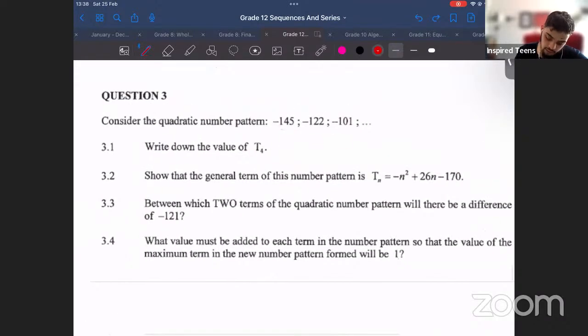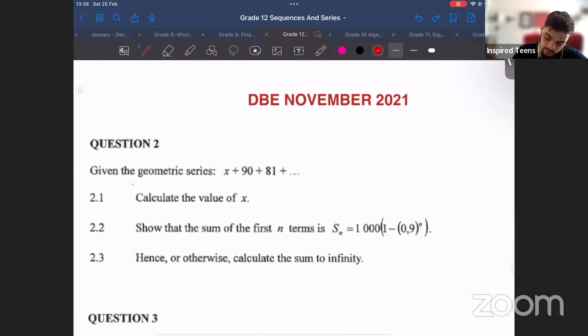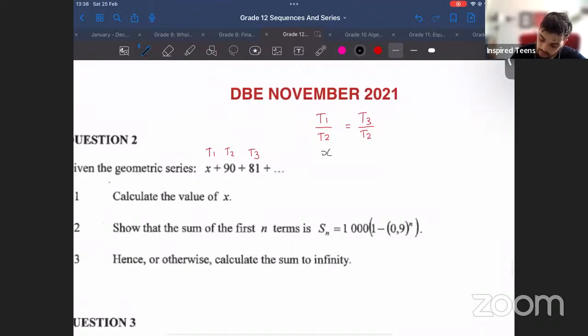Because we have T1, T2, T3, we can say that T1 over T2 is equal to T3 over T2, and then solve algebraically. So x over 90 is equal to 81 over 90. Cross multiply, 90x is equal to 81 times 90. Divide both sides by 90, x is equal to 81.